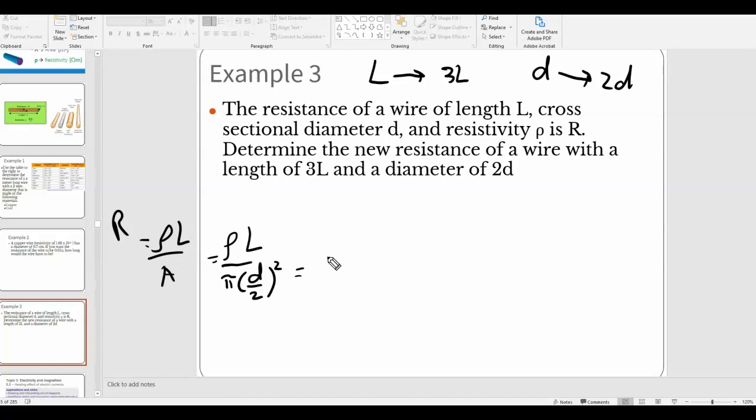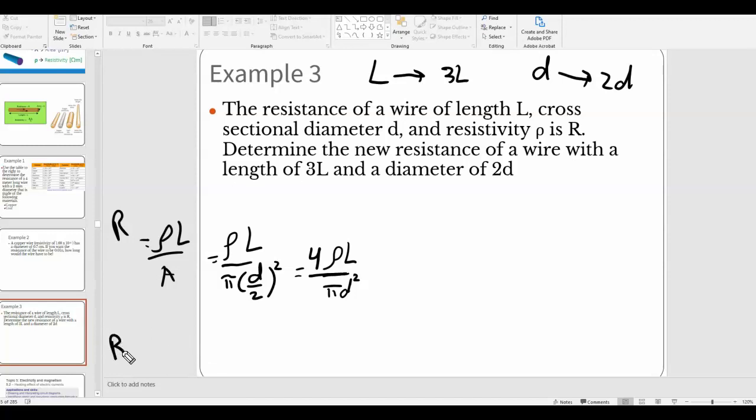And so that would be rho times L, with a pi and a D squared on the bottom, but we're also dividing by 2 and then squaring it. So that's going to become 1/4. And because we're dividing by a fourth, the 4 flips over and ends up on the top, because that's what happens when you multiply and divide by fractions. Okay, so this is our original expression for R.